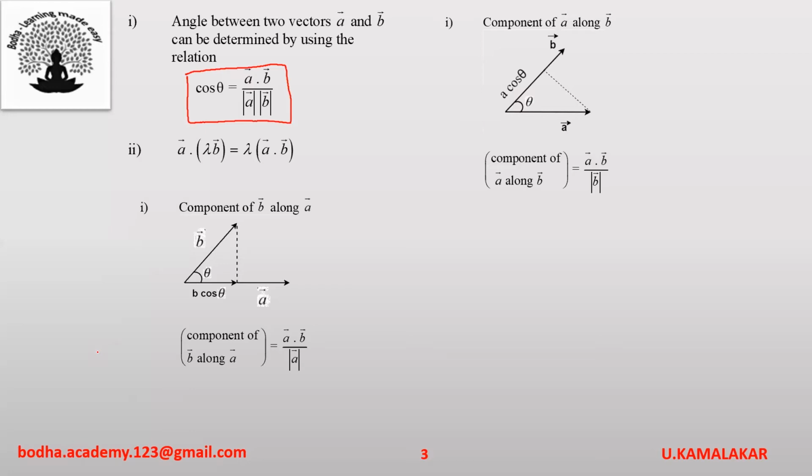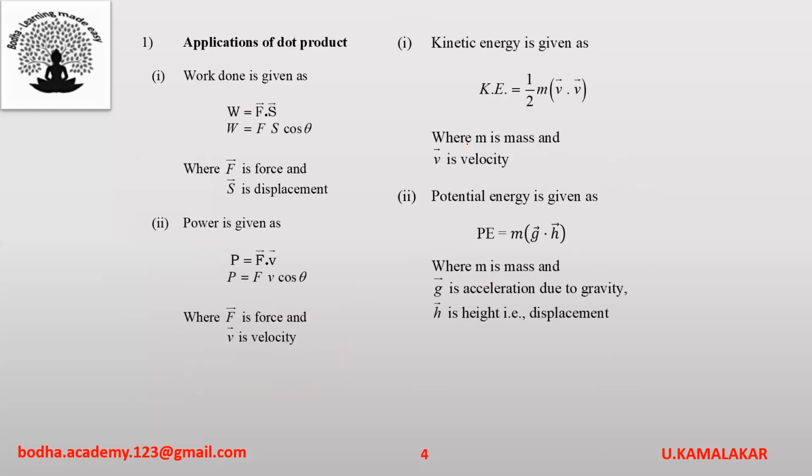Next point, component of b bar along a bar is given as a bar dot b bar divided by mod a bar. Similarly, component of a bar along b bar is given as a bar dot b bar divided by mod b bar.